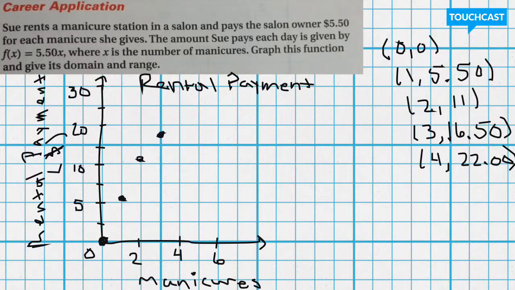And then our final point, 4, 22. So we're going to go over to 4 and then up just a little higher than 20.